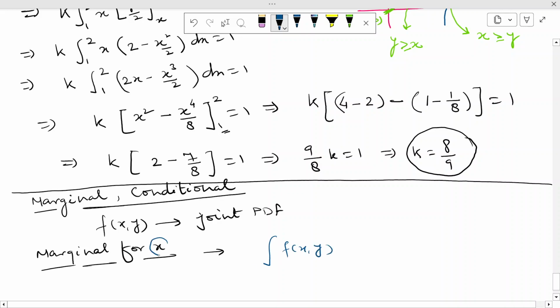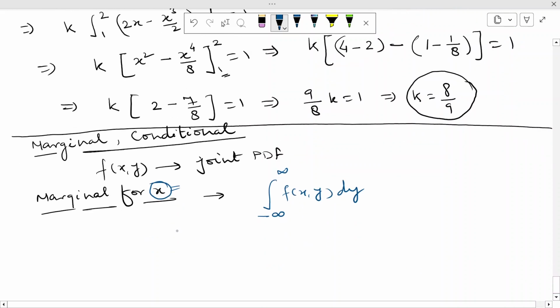We are looking for the marginal of x, so we have to perform this integral with respect to y. Because we are dealing with a general expression, we are keeping the limits as minus infinity to plus infinity.